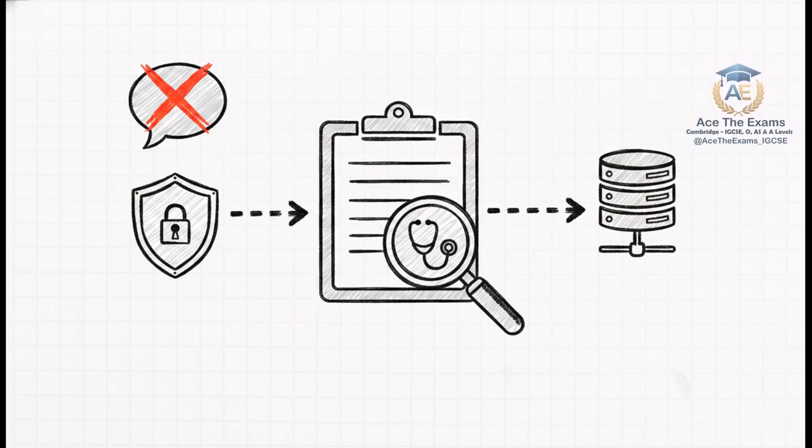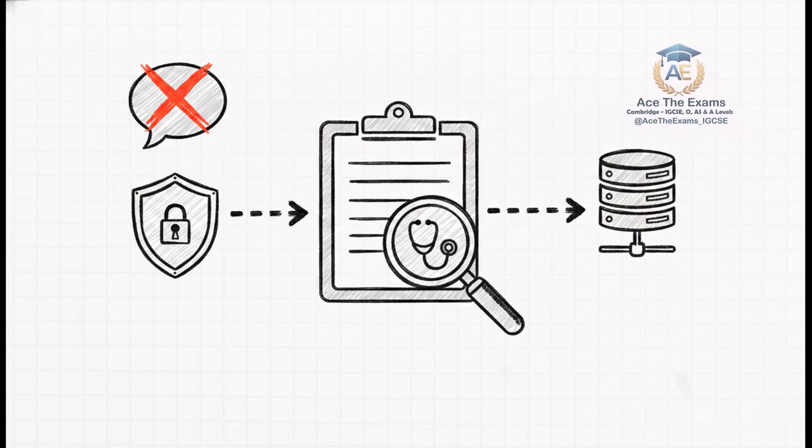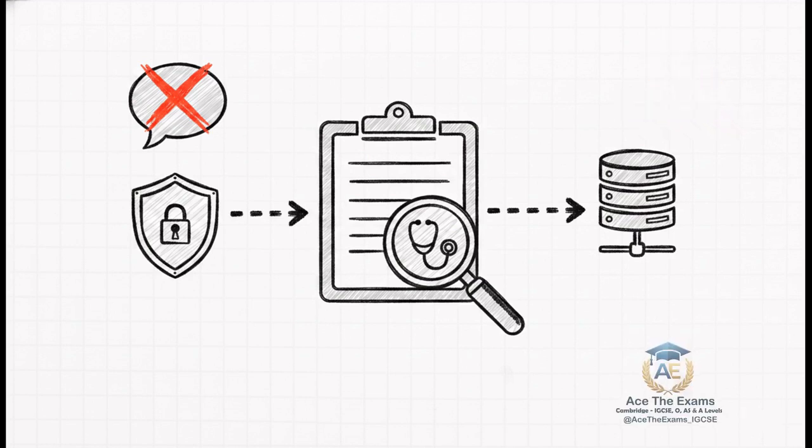Always link every single point to the given scenario. The principal examiner reports highlight time and time again that candidates who reference cross-topic connections, for instance, directly linking data validation to data integrity and system security within that specific hospital context, are the ones who achieve significantly higher marks. It proves to the examiner that you have genuine analytical depth.